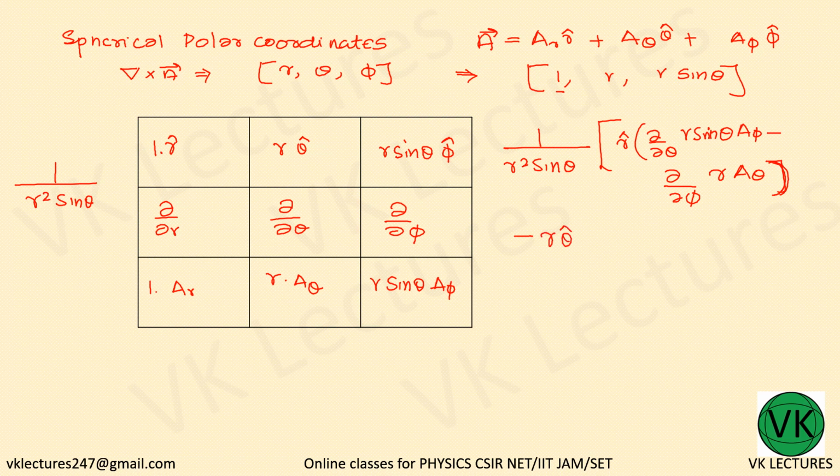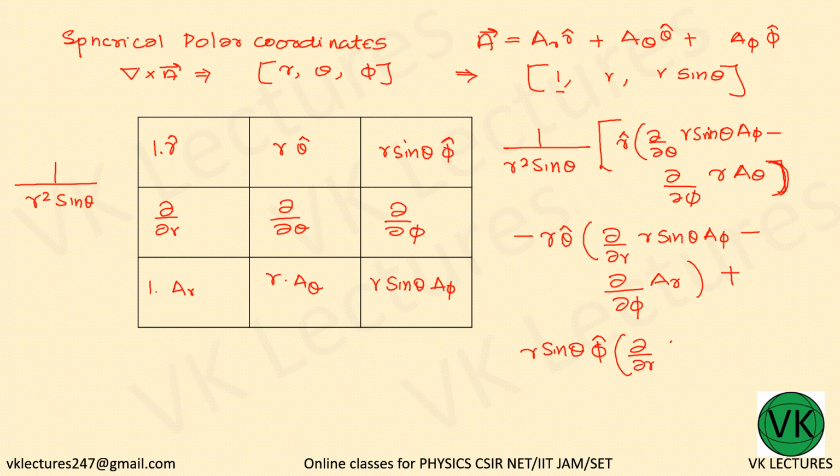r theta cap into dou by dou r of r sin theta A phi minus dou by dou phi of A r, plus r sin theta phi cap into dou by dou r of r times A theta minus dou by dou theta of A r.